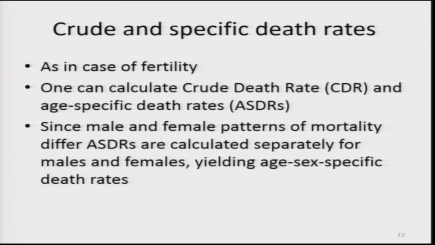As in case of fertility, now you can see that we can calculate crude death rate and also age specific death rates. One can calculate crude death rate and age specific death rates in the same way in which we calculate crude birth rate and age specific fertility rates.